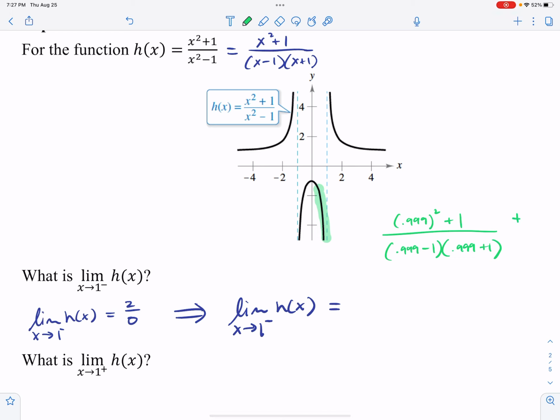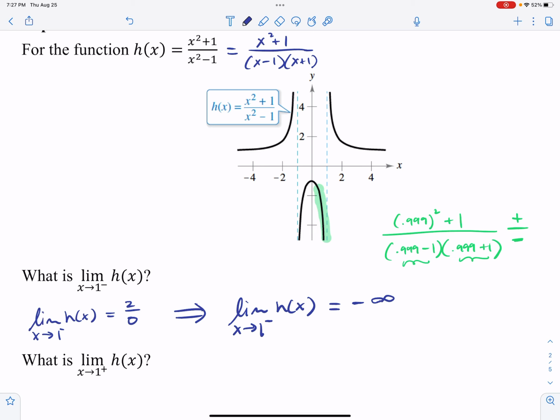The numerator would be positive, and then the denominator would end up being negative because this factor here would be negative, and this factor would be positive, and a negative times a positive is negative. So that actually indicates that since we chose a value directly to the left of 1, h of x is going to be approaching negative infinity.